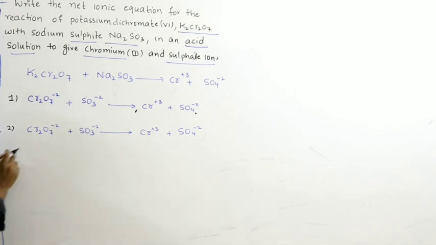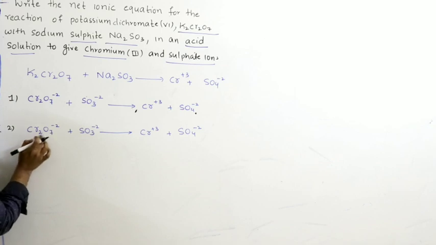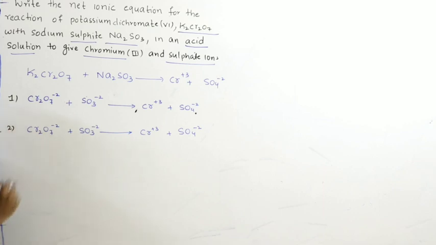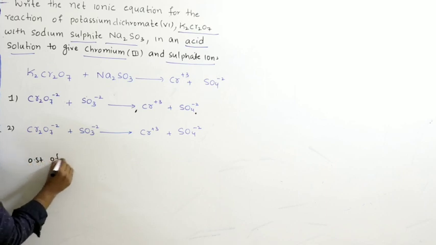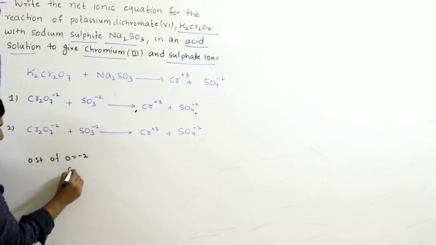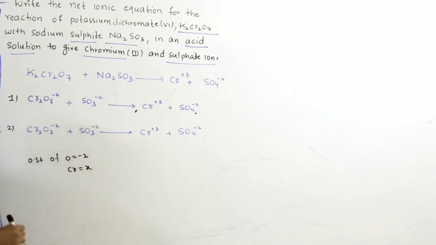If you don't know, this is the procedure. This is an ion. The sum of the oxidation states of all atoms must be equal to the charge on the ion. We don't know chromium. This is chromium oxide, and in oxide, oxygen carries -2. Chromium we don't know, so let us assume X.